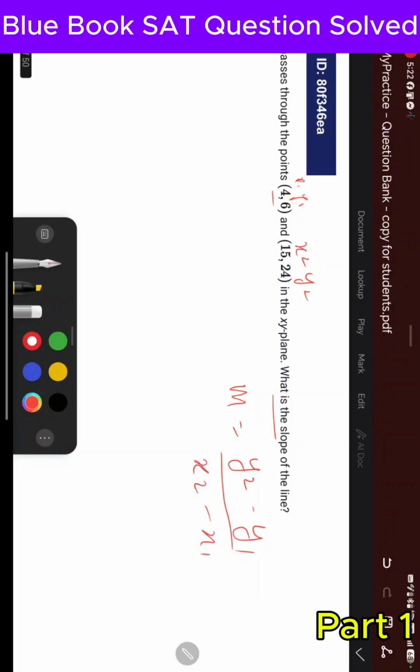Here y2 is 24 minus y1 is 6, and x2 is 15 minus 4. So we have 18 over 11. It will be the slope of the line passing through these two points.